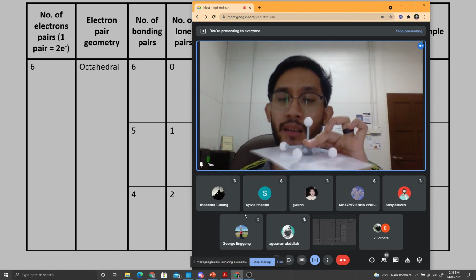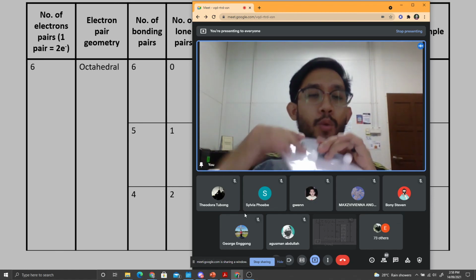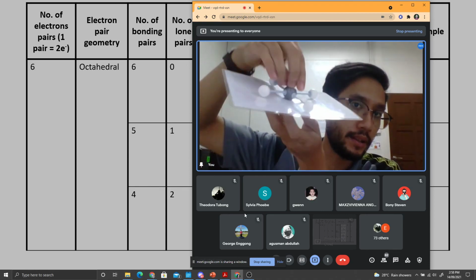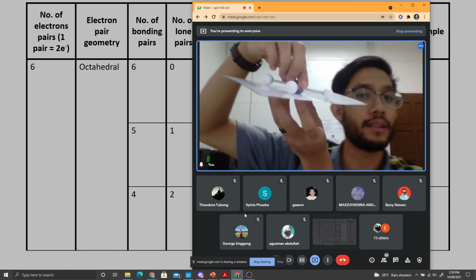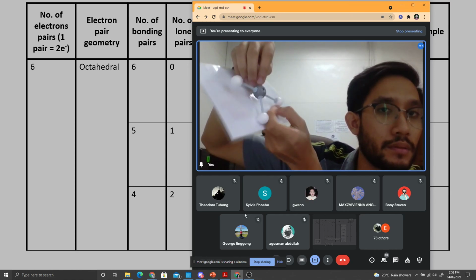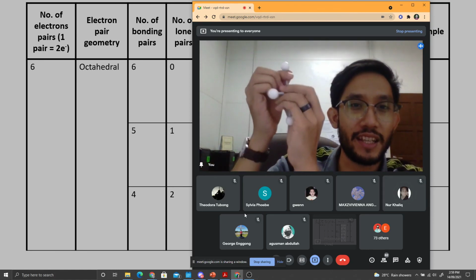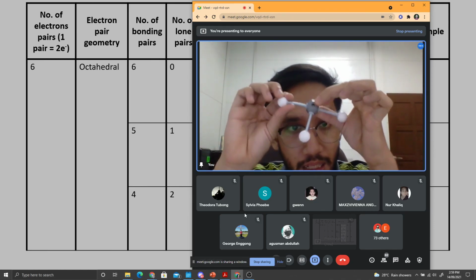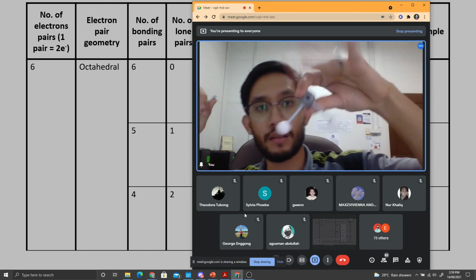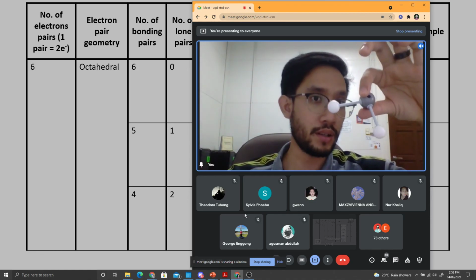And now when we remove another one, it will be the shape of a square planar, because everything is on the same plane. What do you expect if we remove one more? What shape? Please say it, I can't see anyone. Yes, T-shape. It's called T shape. And if we remove one more, what do you expect? Bent.